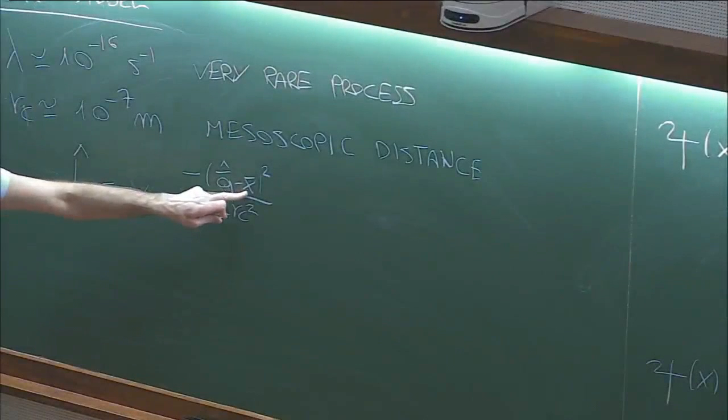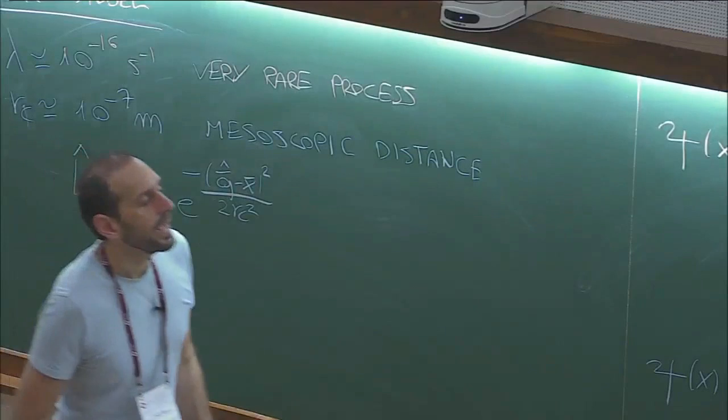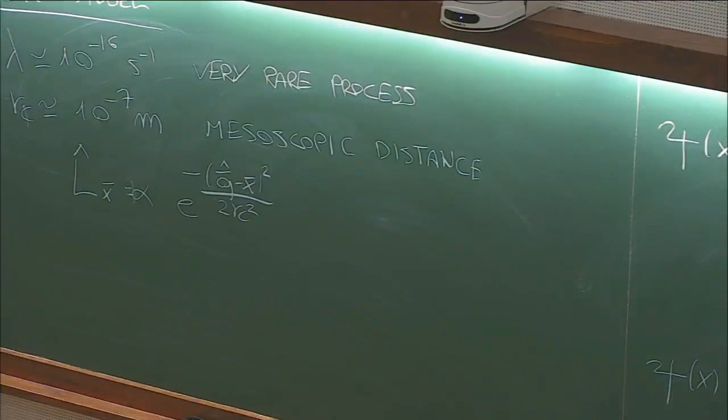This is the center of the localization, that is A for us, and this is the position operator, which in the position representation becomes just the position x. Then you have to normalize. And if you do the calculation, and if you use this approximation, you will find out that this is.